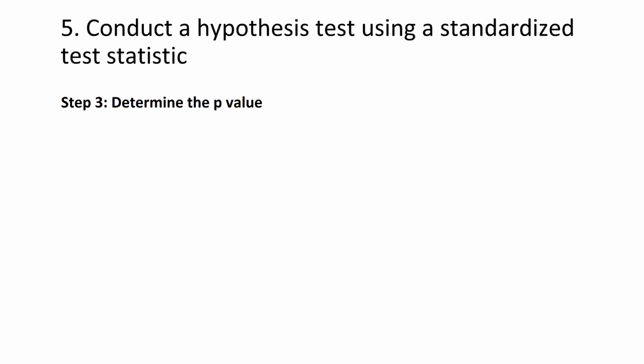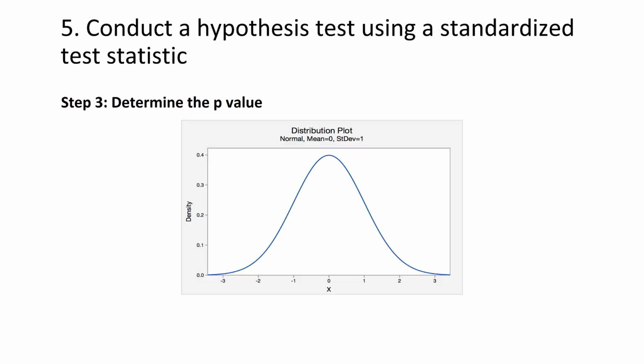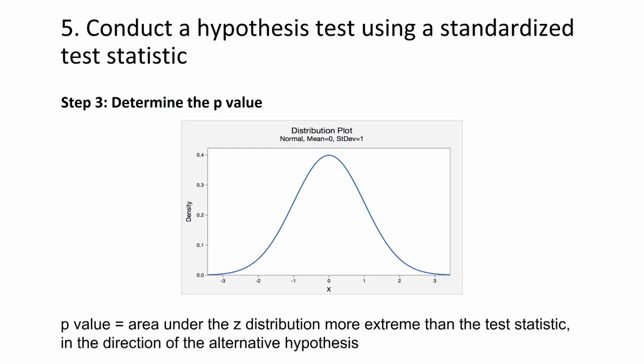Step 3, determine the p-value. The test statistic that you compute in Step 2 is a z-value. We can map that z-value onto the z-distribution to find the p-value. The p-value will be the area under the z-distribution, more extreme than the test statistic, in the direction of the alternative hypothesis.